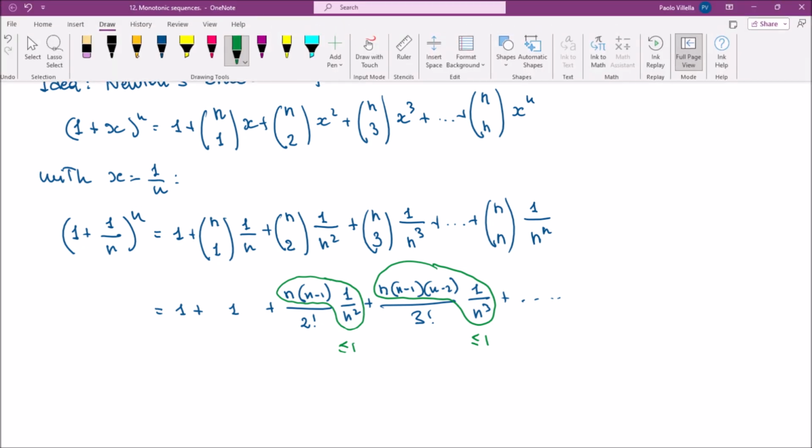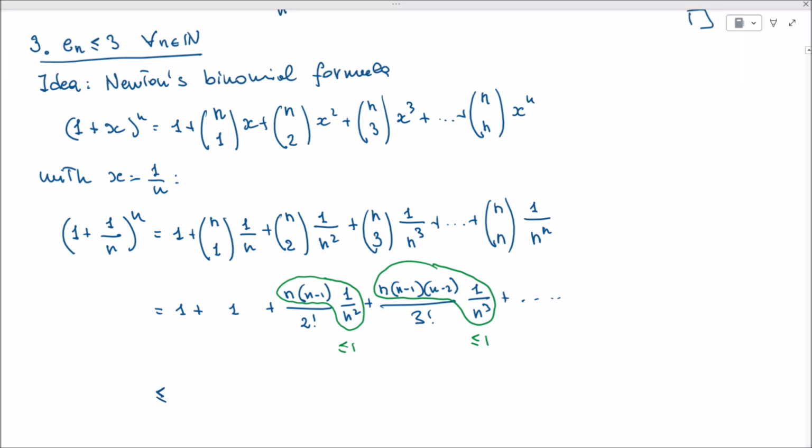So we can write that this is less than or equal to 1 plus 1 plus 1 over 2 factorial plus 1 over 3 factorial, and of course this will continue up to 1 over n factorial.